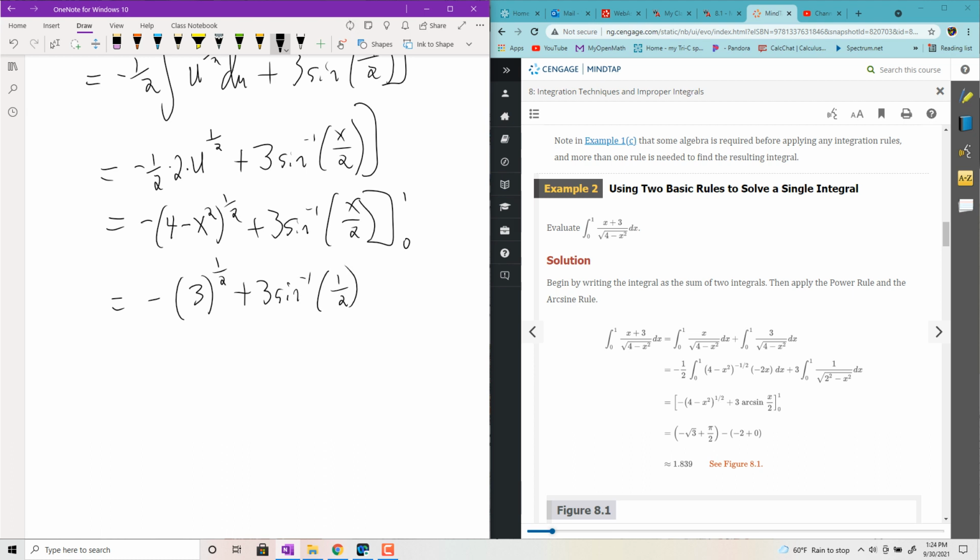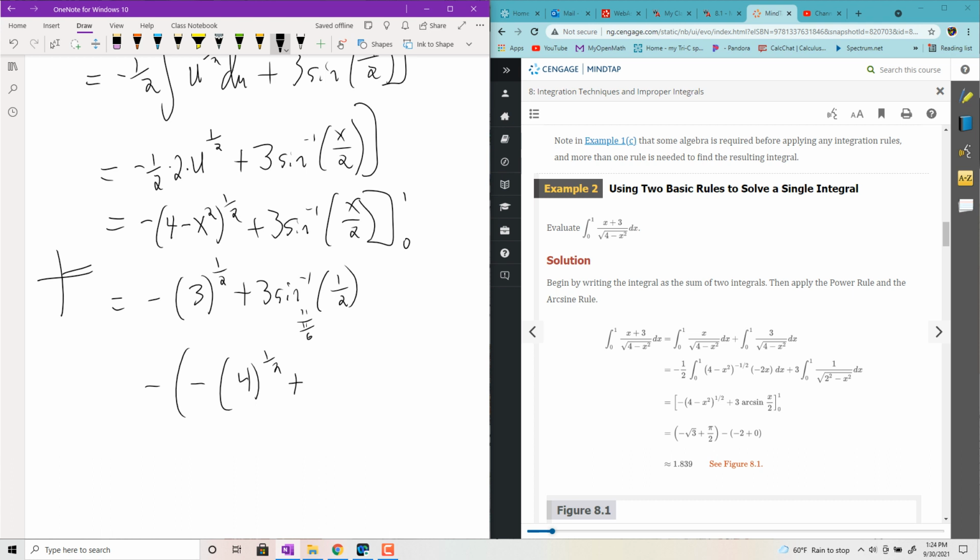For the sine function, I'm looking for values from negative pi over 2 to pi over 2 that give you 1/2. That's going to be pi over 6. So this part is pi over 6. And then minus, plug in 0, you get 4 to the 1/2. So it's minus, actually there's a negative in front of that, so minus 4 to the 1/2.